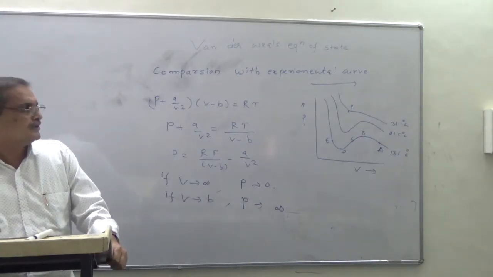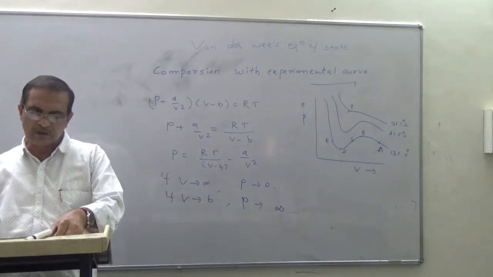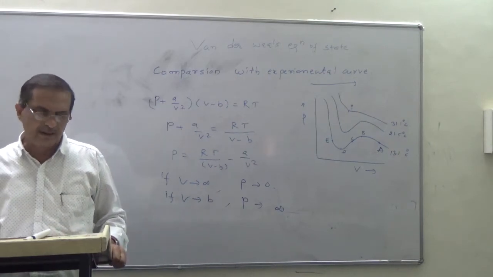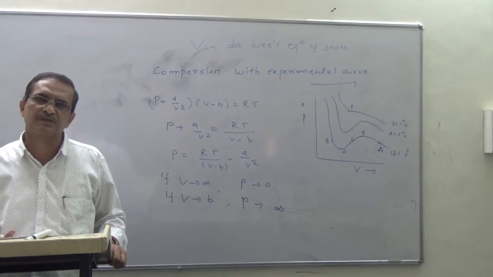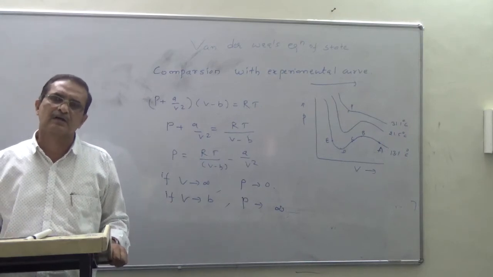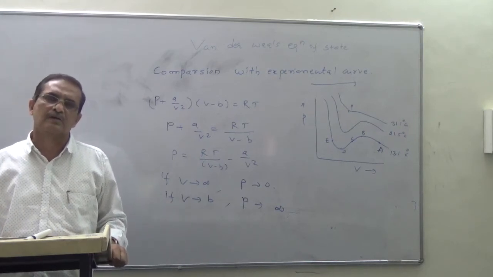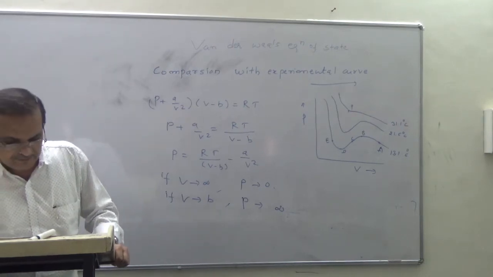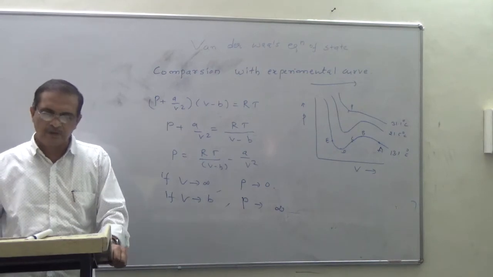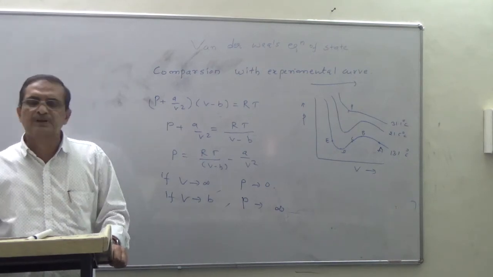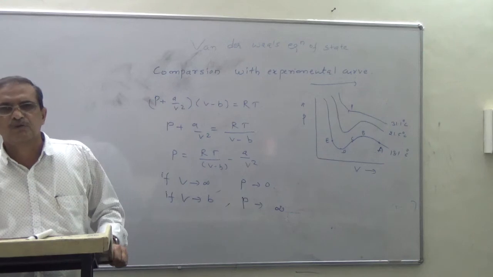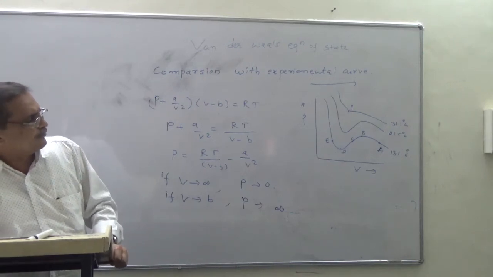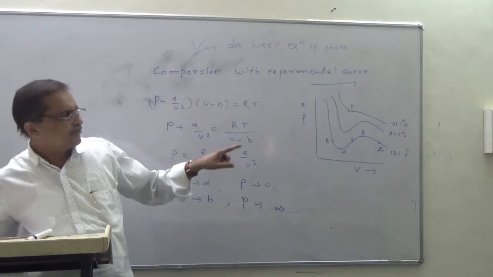Clearly from this we can say that the curve plotted for the first temperature, 13.1 degrees centigrade, does not agree with the experimental values of CO2, because there are a lot of ups and downs.